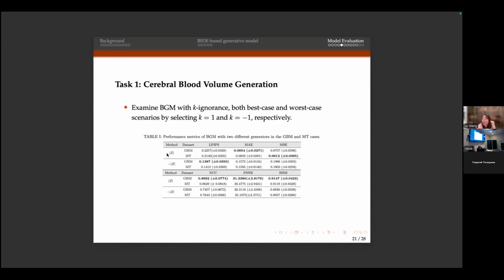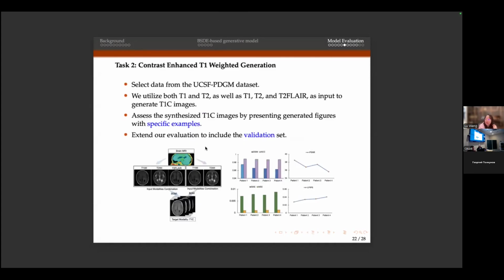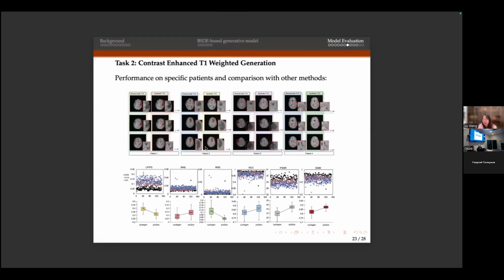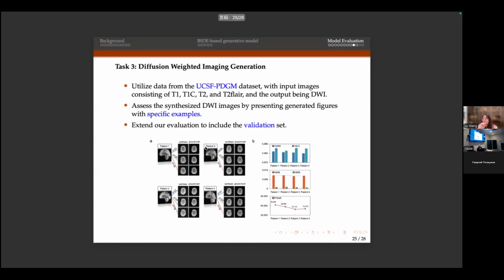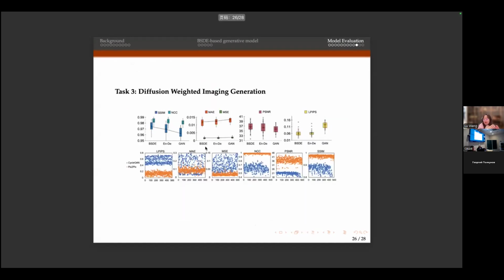We can see that K equal to 1 is best, while K equal to -1 is the worst. So this is task 1, and we do task 2 and task 3 at a similar time, and also have some results. This is the overall of this work.